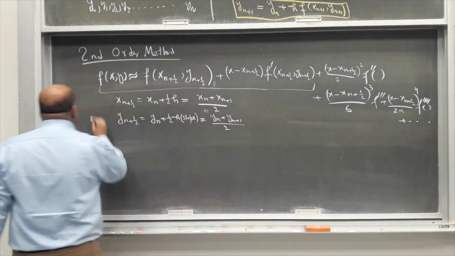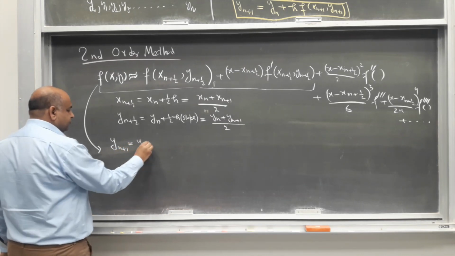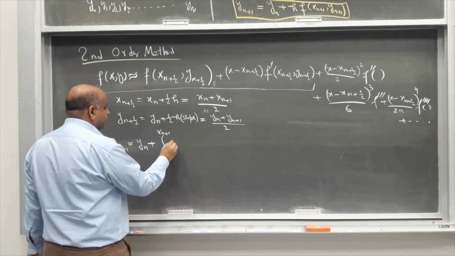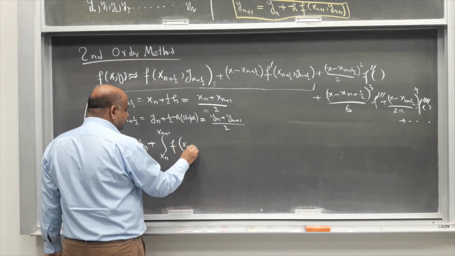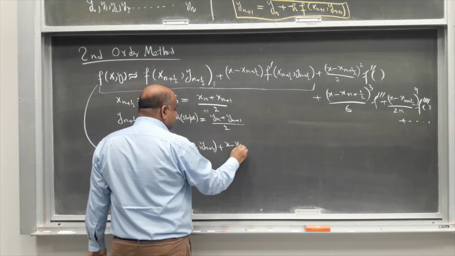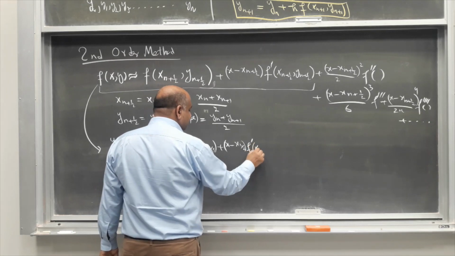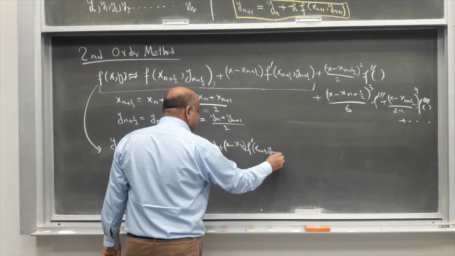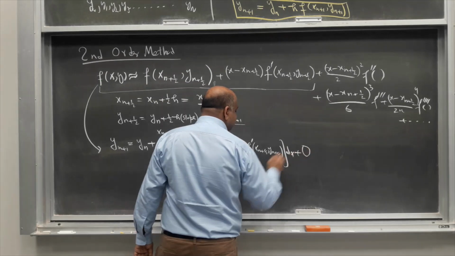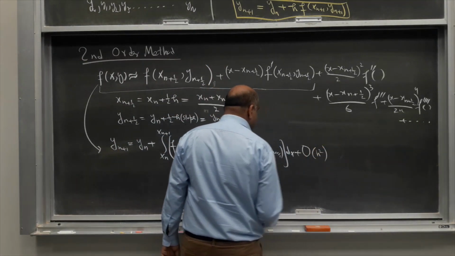Let's keep these two terms. Then I get y_{n+1} equals y_n plus the integral from x_n to x_{n+1} of the approximation of this function as this, plus x minus x_{n+1/2} times f prime at x_{n+1/2}, y_{n+1/2}, and I'm neglecting terms of the order of h squared from this.